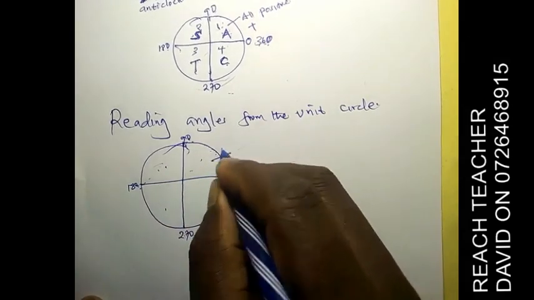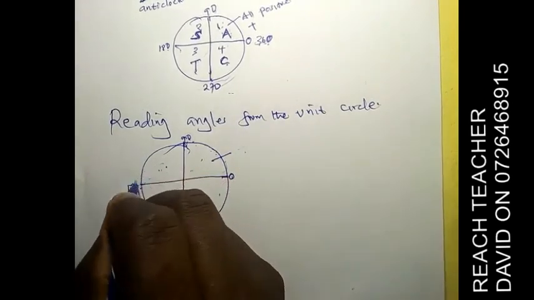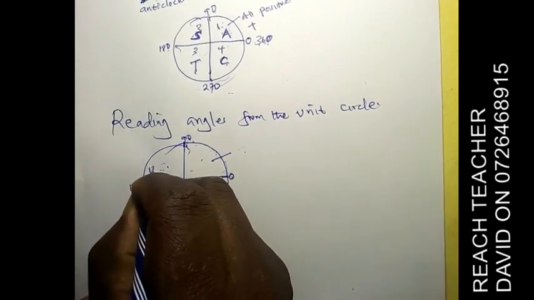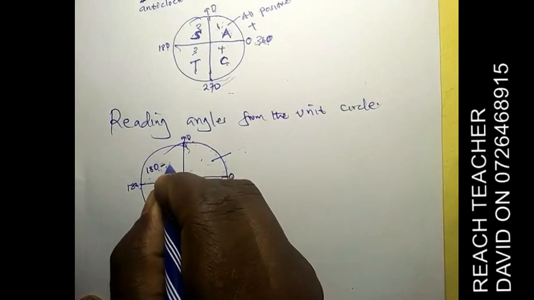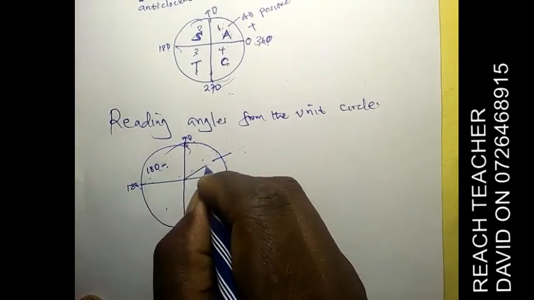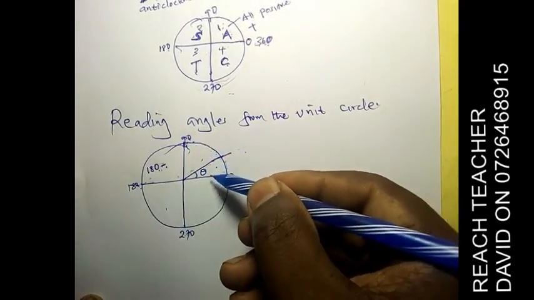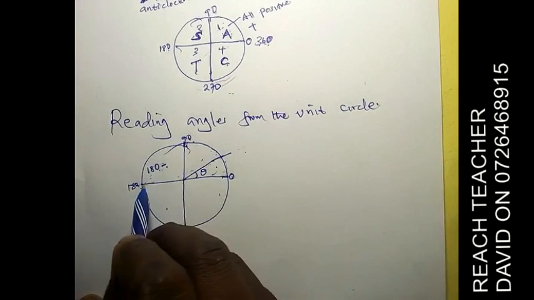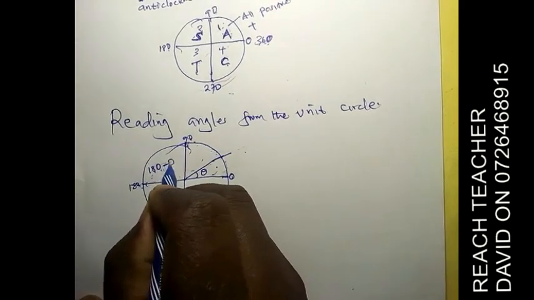All of them are less than 90, right? In the second quadrant, all angles are 180 minus the angle that you will get. If the angle in the first quadrant is theta, then to get the angle in the second quadrant, it is 180 minus theta.